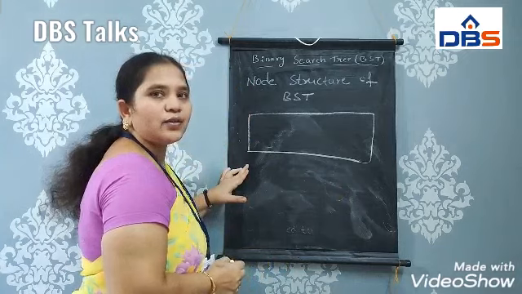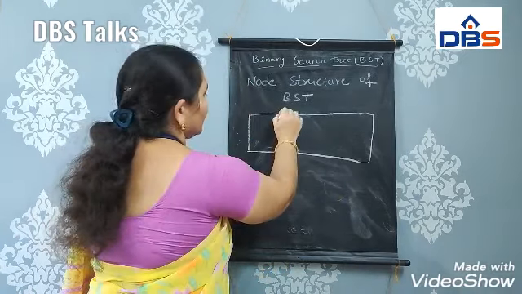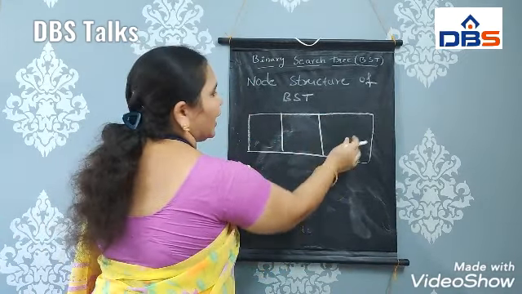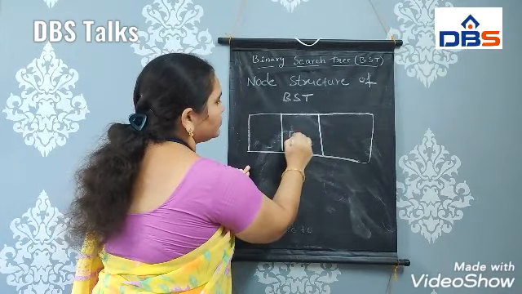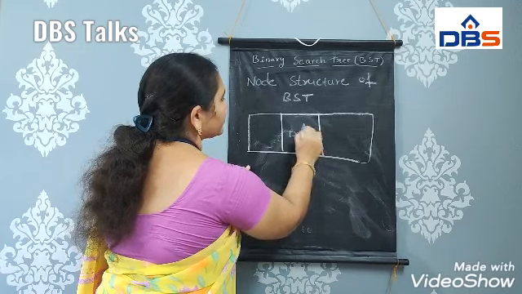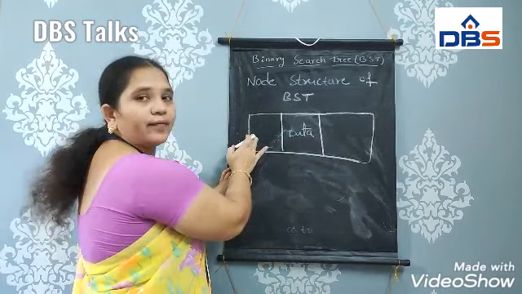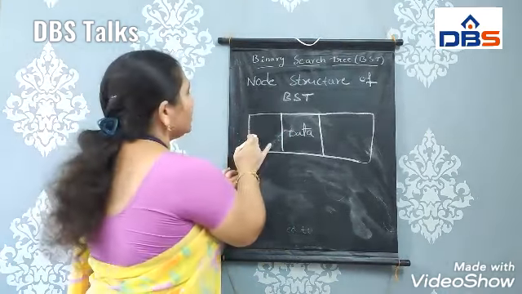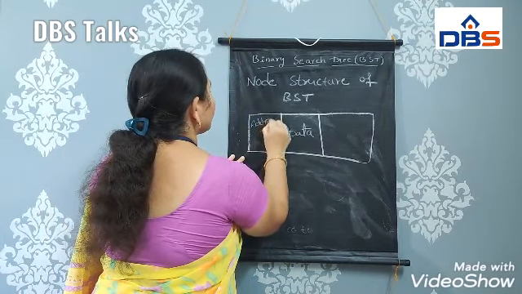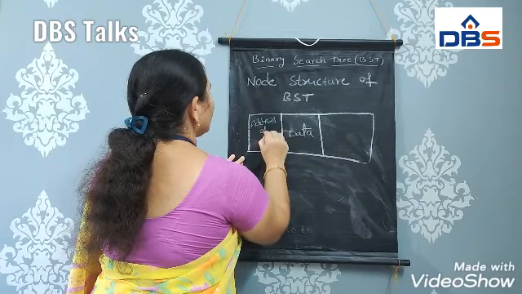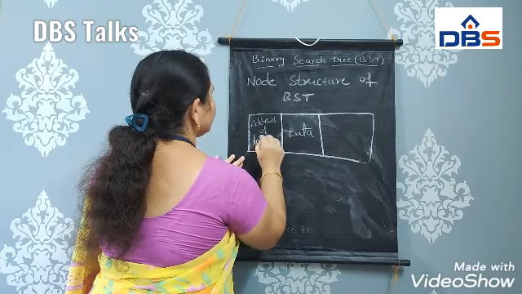The node of a binary search tree contains 3 fields, 1, 2 and 3. The middle field contains data. The left field contains the address of the left child.